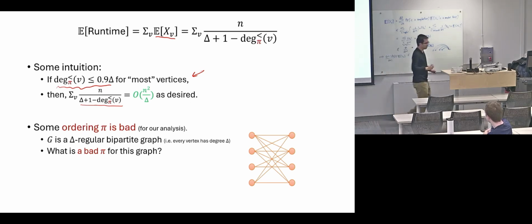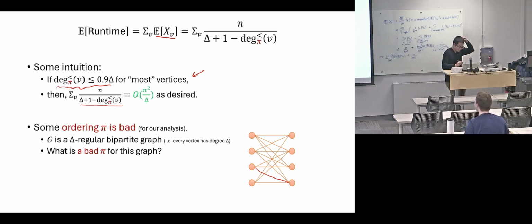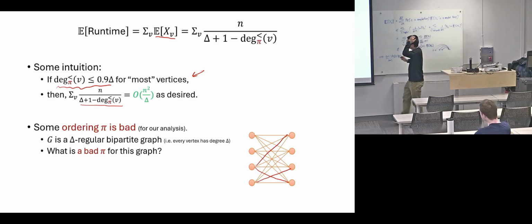Yeah. I missed this. It's a bipartite graph where everyone has the same degree. Okay, I missed many edges actually. This thing too. Okay, now it should be everything.